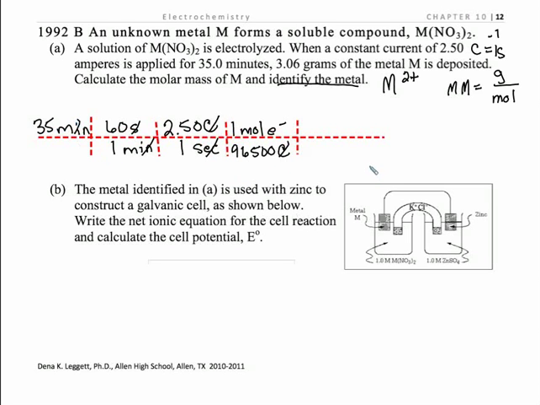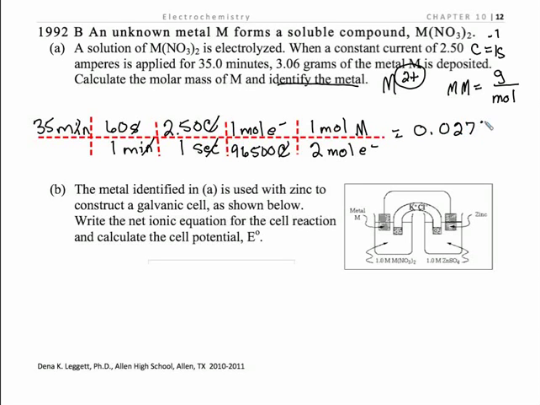So coulombs cancel, seconds cancel, minutes cancel. Now, I do know, because this is M2 plus, or metal 2 plus, that I'll get 1 mole of my metal for every 2 moles of electrons that are pushed through.